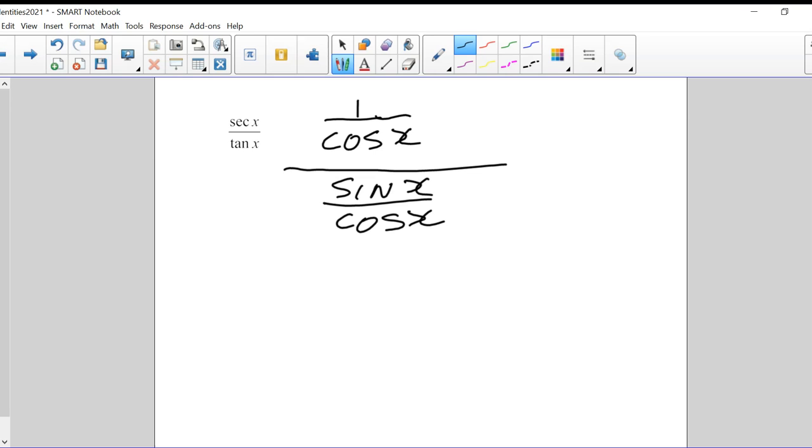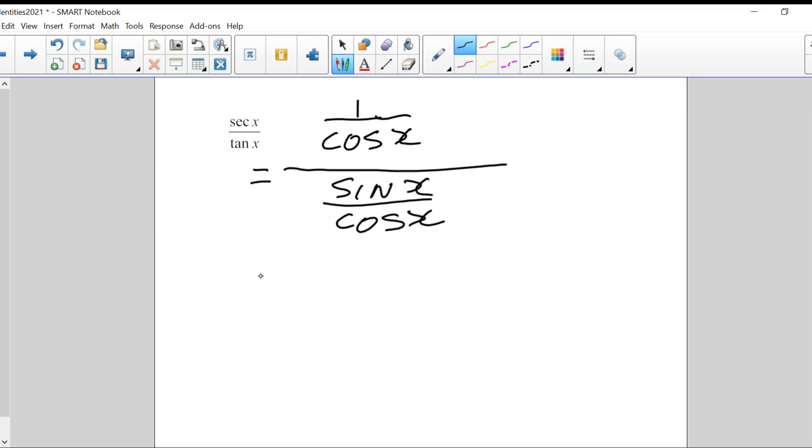Now, whenever you have a fraction over another fraction, which is what you have right now, the thing to do is to multiply the numerator by the reciprocal of the denominator.